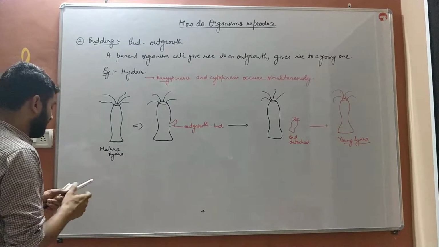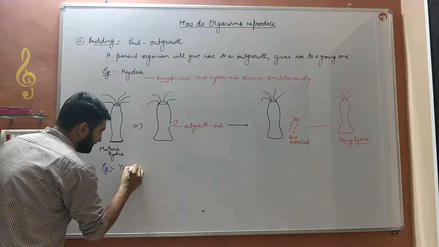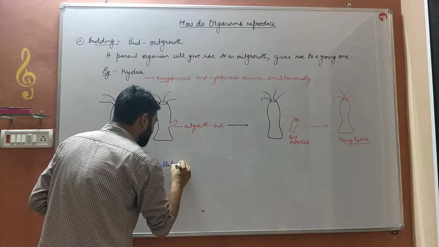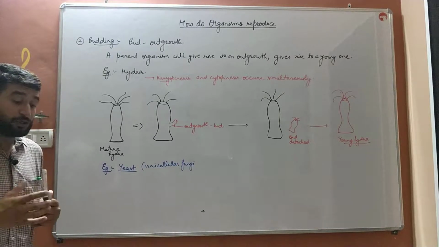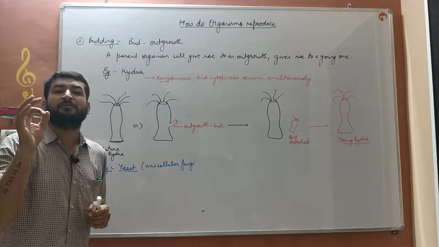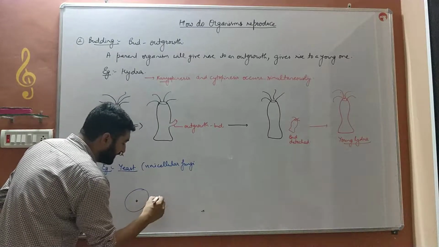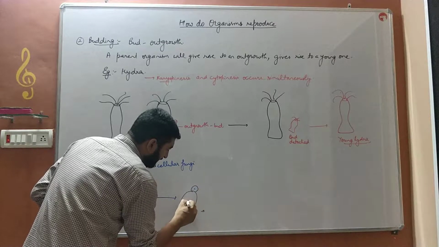Next, the other example which we'll study is yeast. Yeast is a unicellular fungus which also shows multiple budding. This is the yeast structure, which looks like this. It gives rise to a bud.